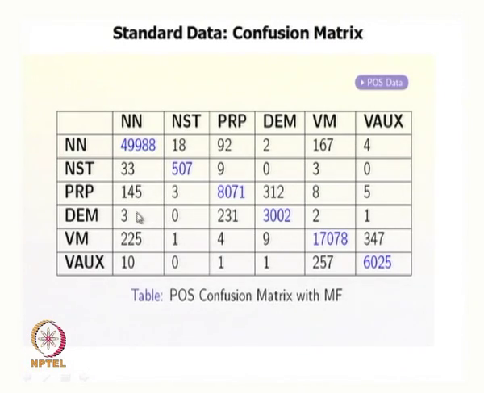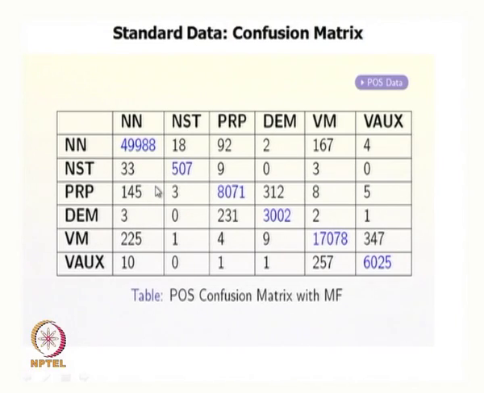Now, the confusion matrix will tell us that PRP error is coming mainly from confusion with DEM and also confusion with noun. Okay. So, now from this it is clear that if we can reduce the confusion between PRP and DEM, we will be able to increase the accuracy of the system. So, confusion matrix that way is a very valuable tool.